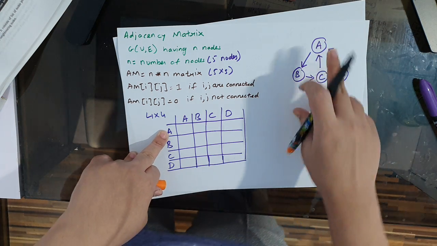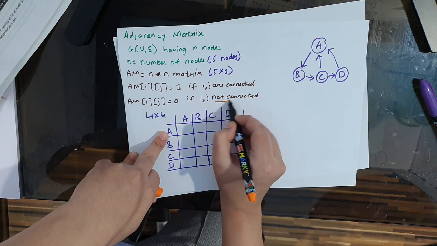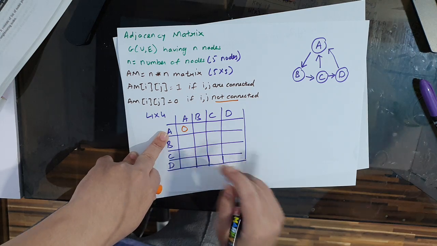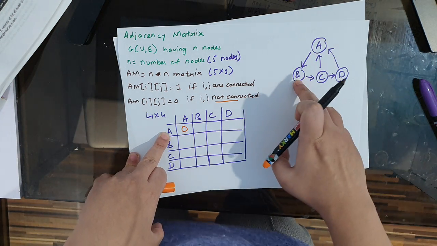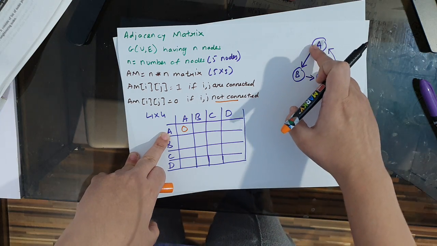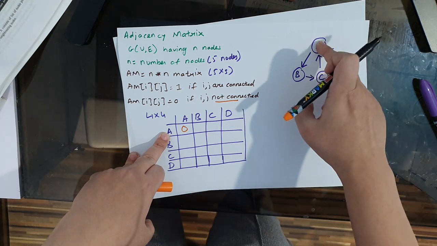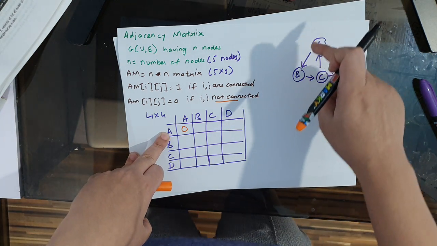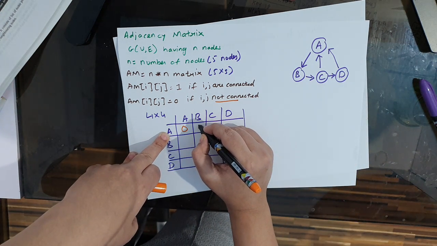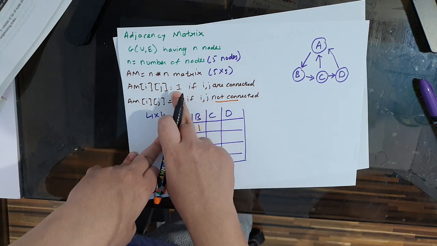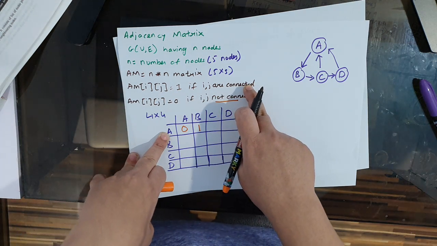So A to A is not connected, and we have to mention 0. Now let's see A to B. A to B is connected. Yes, there is a directed edge going from A to B. So A is connected to B, and we are going to specify 1, because we specify 1 if it is connected.